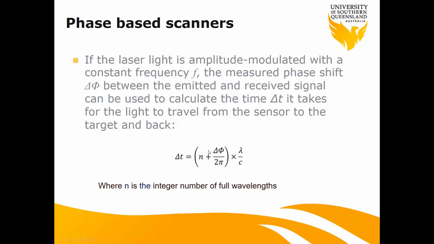You measure the phase shift, delta phi. This one is the modulation wavelength, and this one is the velocity of the laser beam. n is the integer number of whole wavelengths.